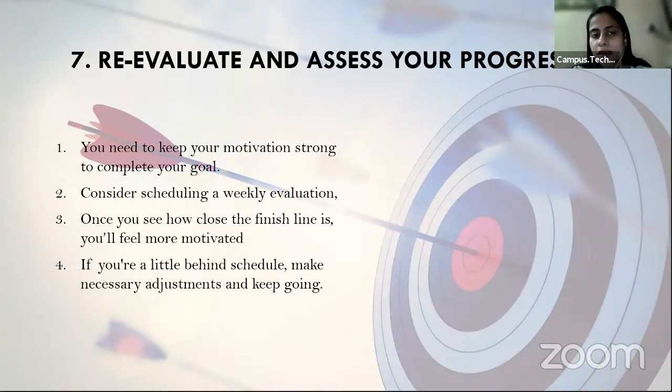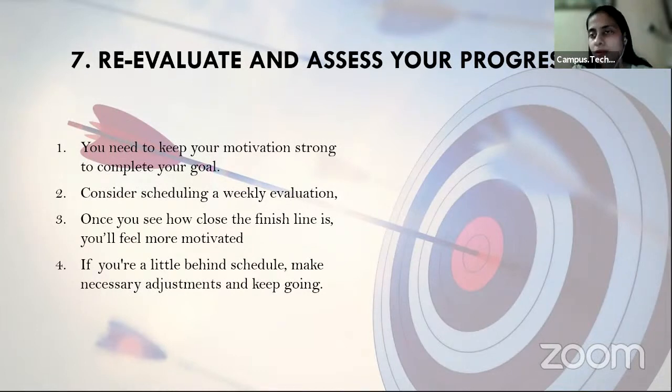Consider scheduling a weekly evaluation. Make sure every week you are evaluating your performance and checking where you stand. Are you meeting your timelines? Are you working as per the action plan you have created? You cannot say the timeline is 2 months, so I'll be evaluating after 2 months only.